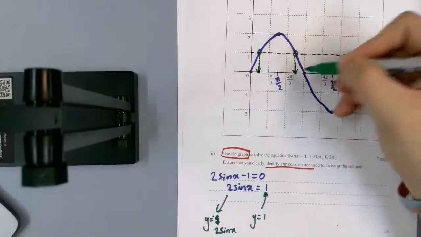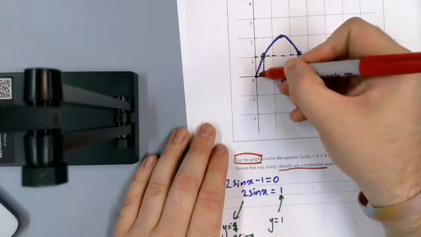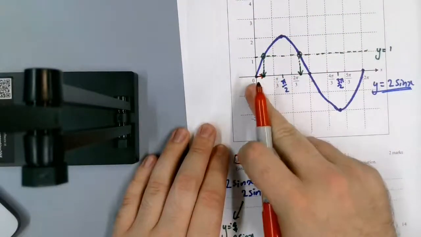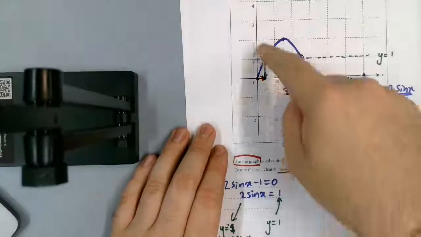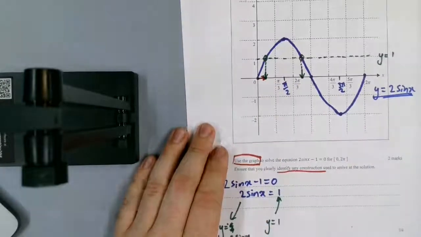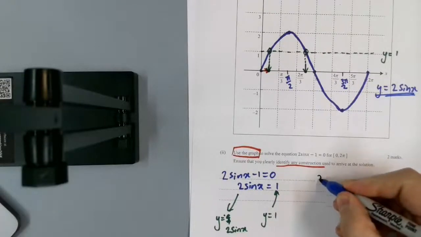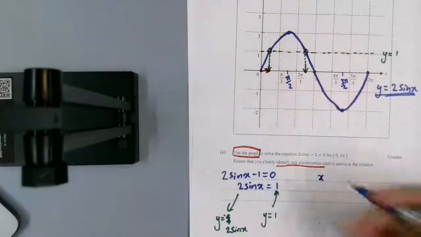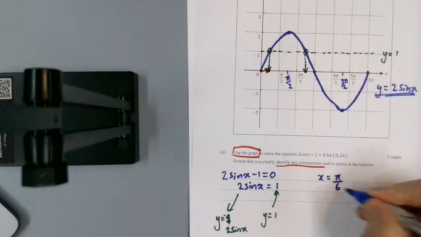Now, if your graph's accurate, you'll notice that you travel from 0 to halfway between 0 and pi on 3. That's going to give you your initial solution. If you're traveling halfway from 0 to pi on 3, well, that's just half the distance to pi on 3. So our first solution using the graph, which is what we're trying to do, is equal to half of pi on 3, pi on 6.